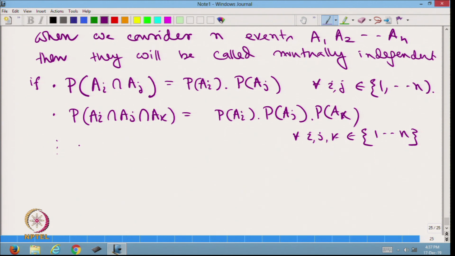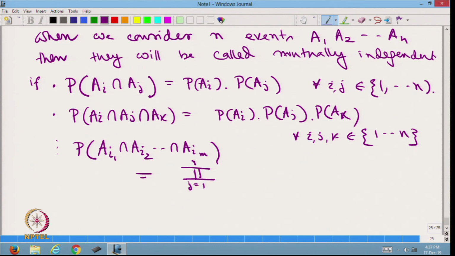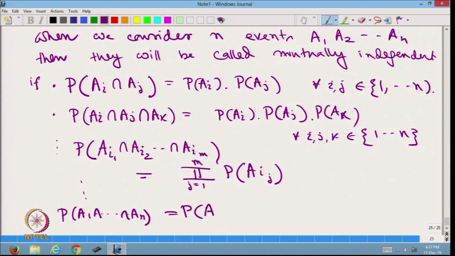Therefore, we can write probability of A i1 intersection A i2 intersection up to A im is equal to the product over j equal to 1 to m of probability of A ij, where each subscript belongs to 1 to n, and finally probability of A1 intersection A2 up to An is equal to probability of A1 into probability of A2 up to probability of An.